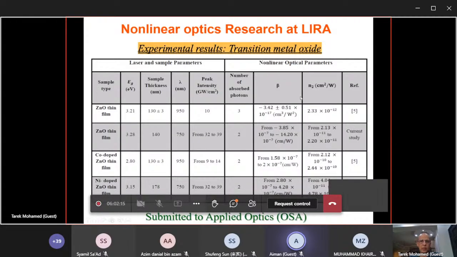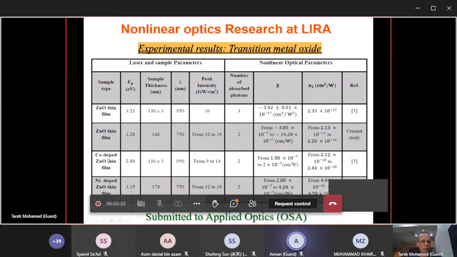And here we summarize all the results, how beta changes with changing material, like zinc oxide alone. So beta changes from minus 3.4 to 10 to 17.